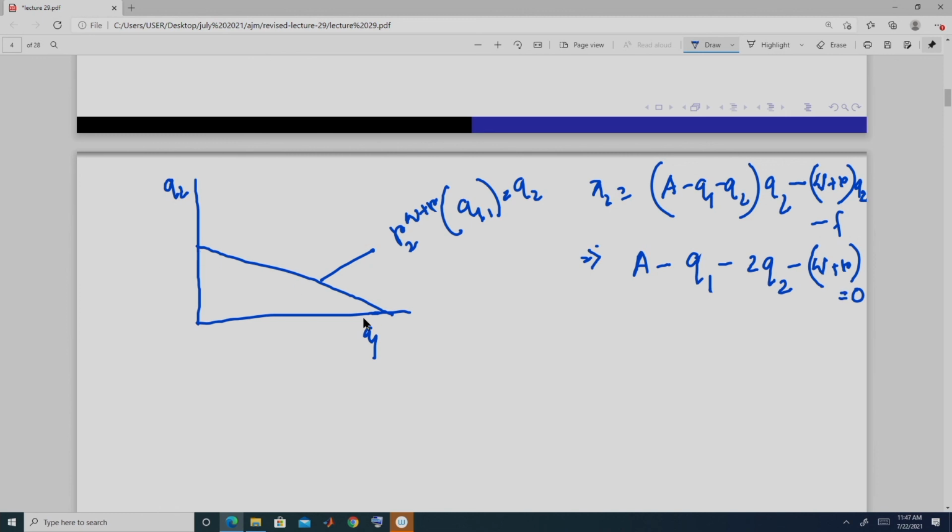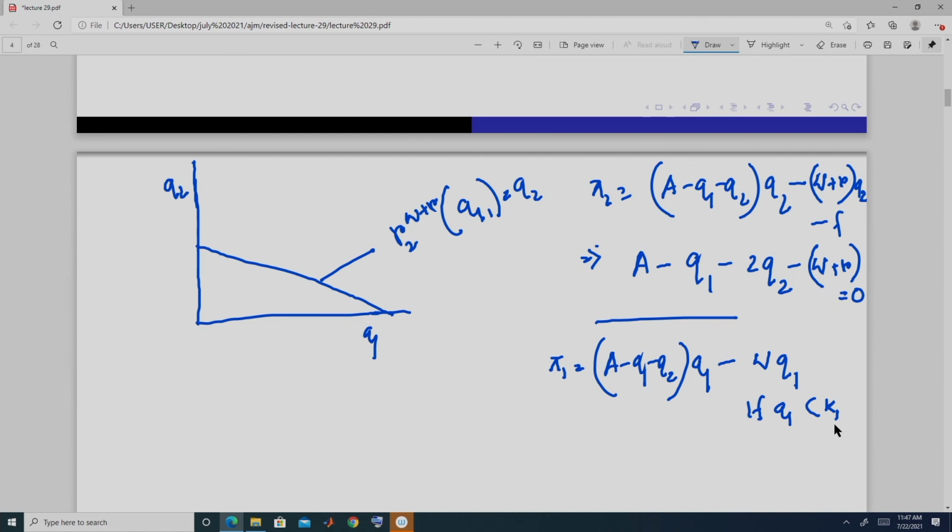It is this line, and the reaction function of firm 1 looks like this. So, what is this?